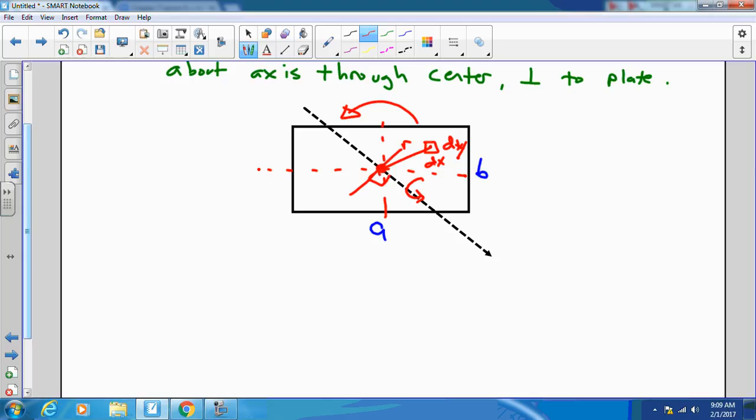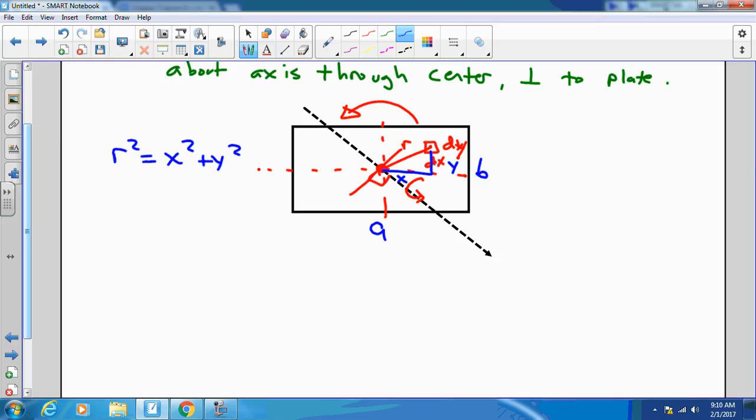But if I take my origin to be at the center right here and put axes on this, then each piece that I so describe is going to be at a coordinate of x comma y.